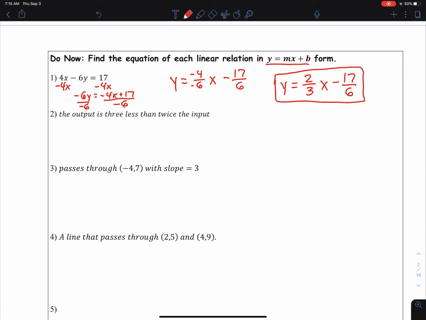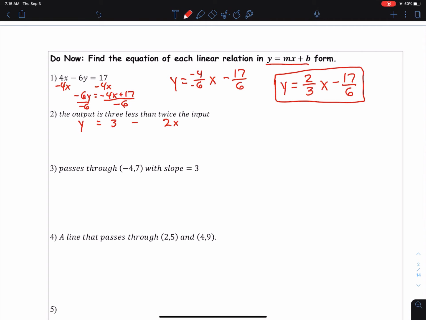Number 2, whenever we have math words, I like putting the math symbols right underneath them. So the output is y. Is means what in math? Equals. 3 means 3. Less than minus twice, 2 times the input, which is x.